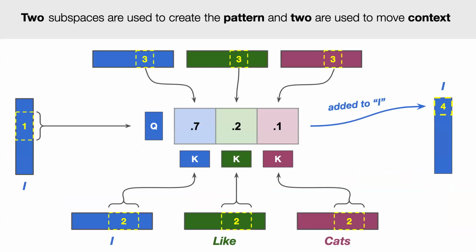Then we have two further ones: subspace 3, from each of the embeddings, which you scale with the attention pattern, and finally that gets summed and sent to subspace 4 in the embedding for I. Cool so far? It might be a lot to take in, but do you have any questions at all?